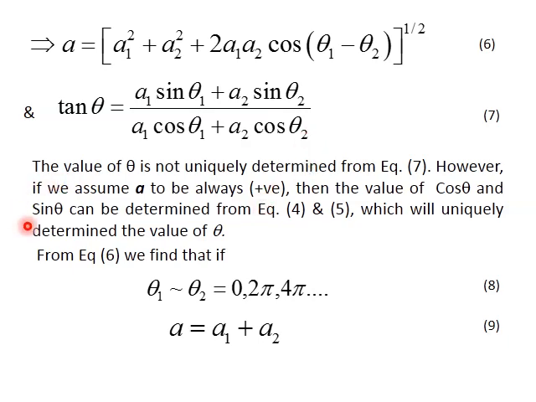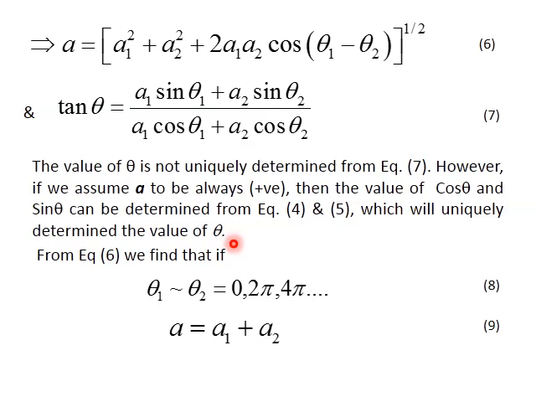Now note this, the value of θ is not uniquely determined from this 7. However, if we assume our A to be always positive, then the values of cos θ and sin θ can be determined using equations 4 and 5 shown in the previous slide, which will uniquely determine the value of θ for us.